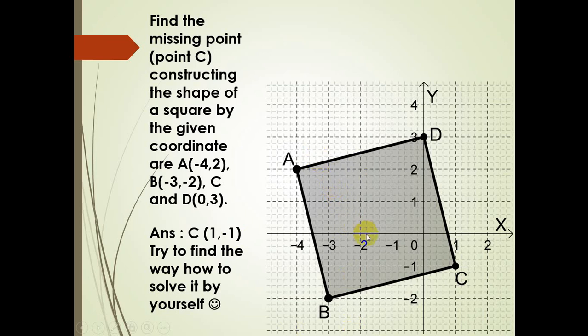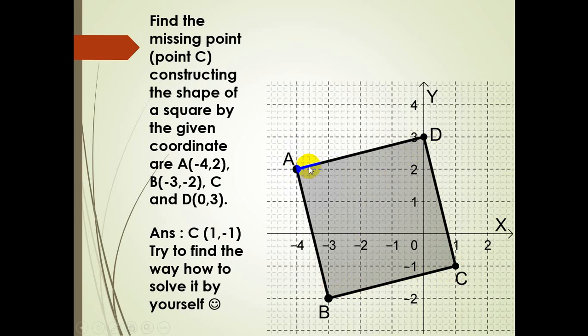As you can see, if it is difficult to find the coordinate of C, I have a clue for you. It's easy. First, you may use point A and point D. It means that the distance from point A to point D must be the same as from point B to point C. According to this, just count it. How many units to the right and how many units upward?